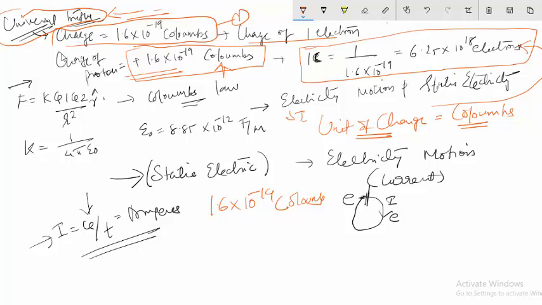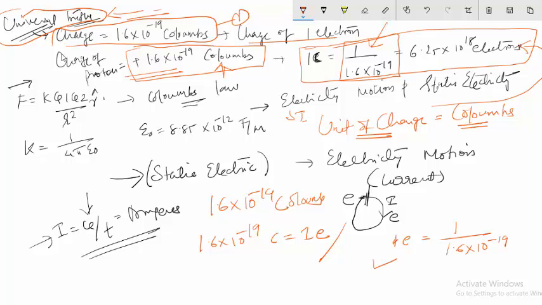It can be found mathematically by dividing 1 by the charge of one electron. So 1.6 into 10 raised to minus 19 coulombs is equal to 1 electron, so 1 coulomb is equal to 1 divided by 1.6 into 10 raised to minus 19. This will give the number of electrons needed for 1 coulomb of charge.